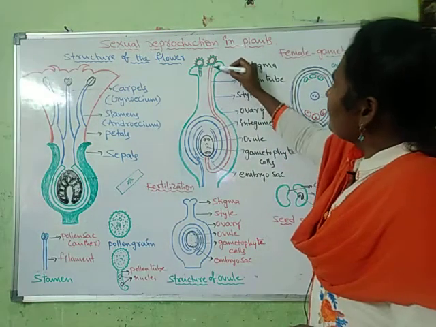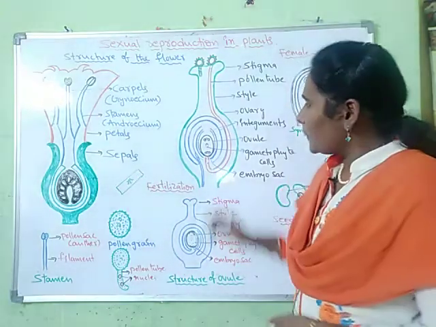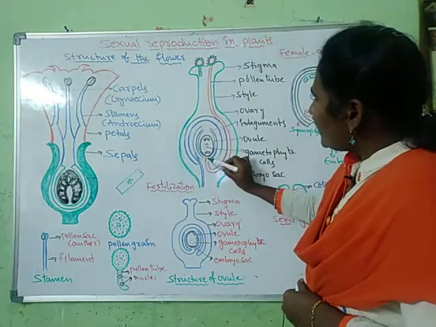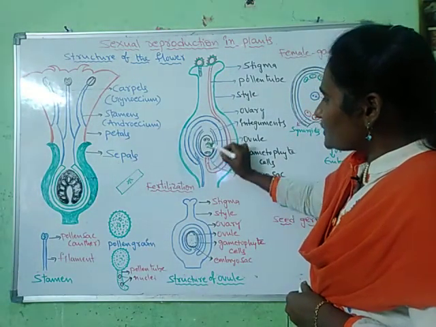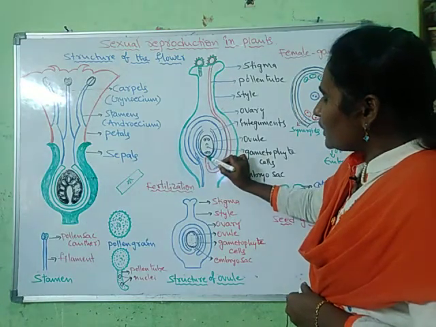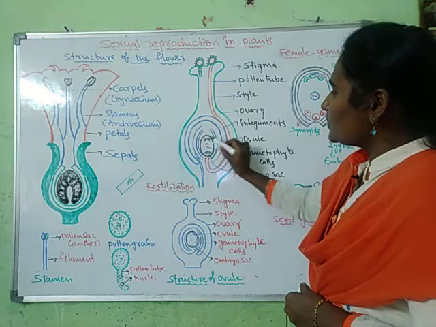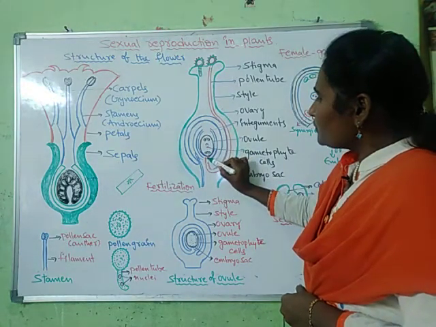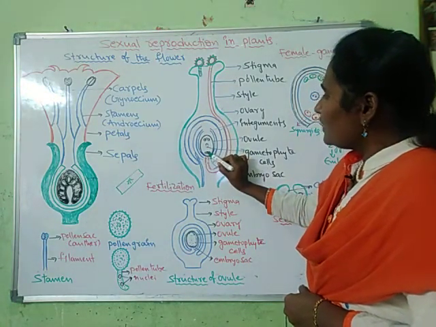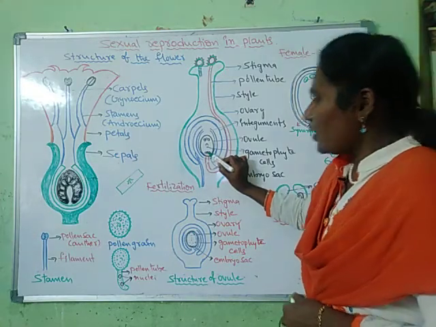Soon after, the tip of the pollen tube enters the embryo sac and the end of the pollen tube ruptures; 2 sperms are released into the embryo sac. One sperm fuses with the egg cell and forms a zygote.